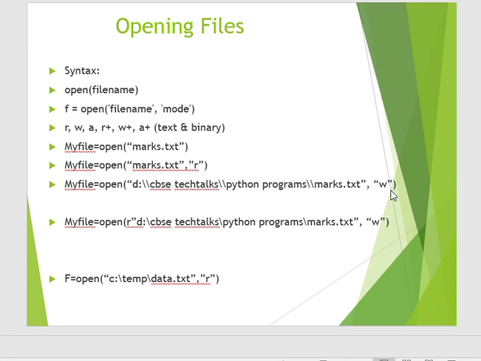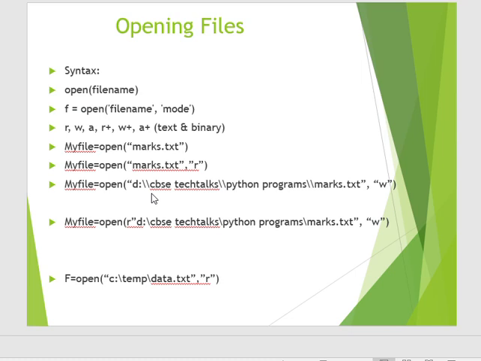Now if you have seen the slashes, they are doubled. The reason is that the slash has a special meaning. To support that special meaning, an escape sequence for slash is given. As the slash already has some meaning in Python, to put a slash in the path we need to give double slashes.